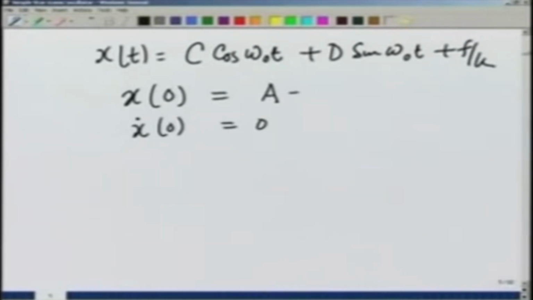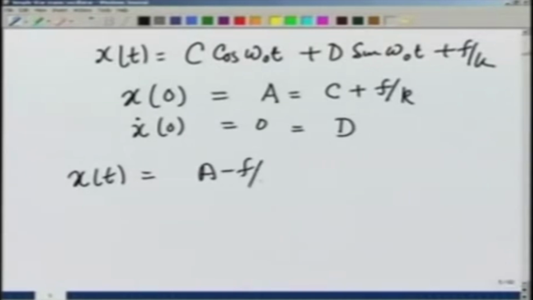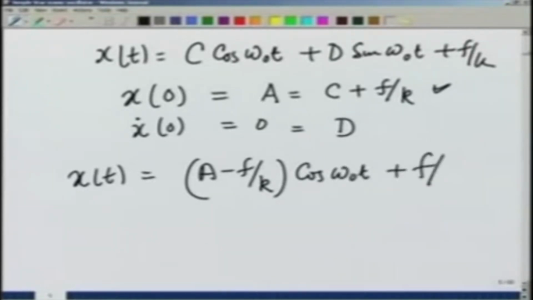This should then be equal to c plus F over k, and this gives me d equal to 0, and therefore, the general solution x(t) is going to be c, which is A minus F divided by k from this equation, cosine of omega 0 t plus F divided by k.